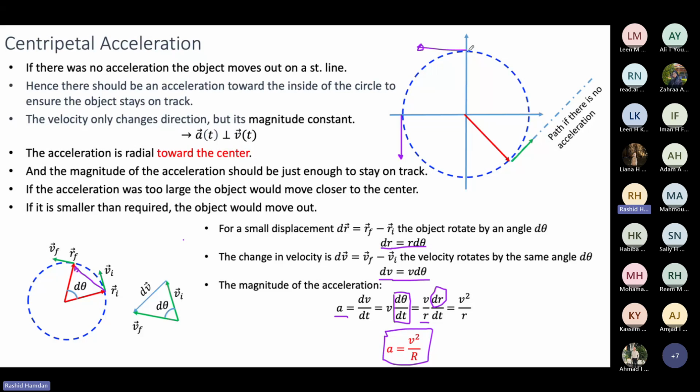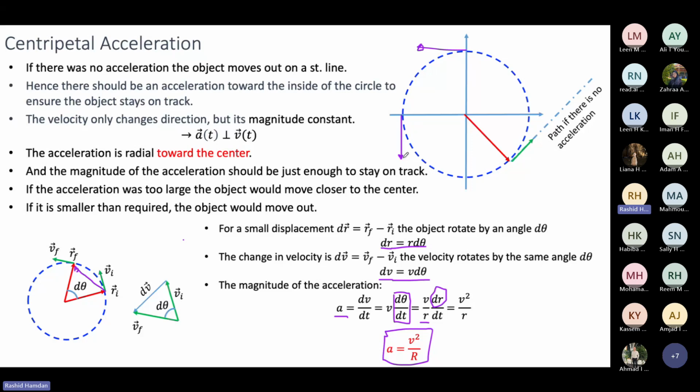So I have to take the x component of the velocity to 0, and I have to take the y component from 0 to a certain value in this direction. So this requires a large acceleration, and the velocity is larger. If I'm moving with 10, than if I'm moving with 15, the acceleration increases with the velocity.